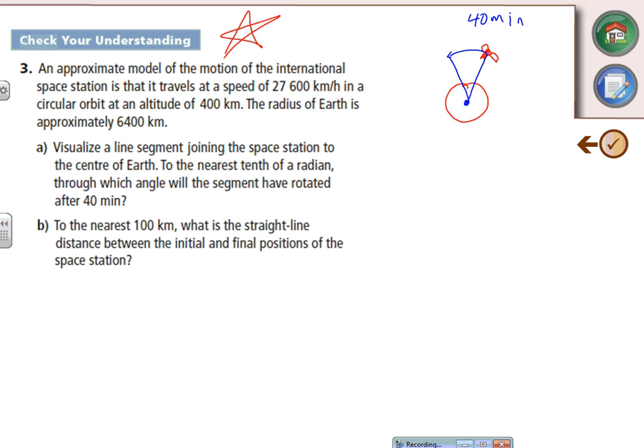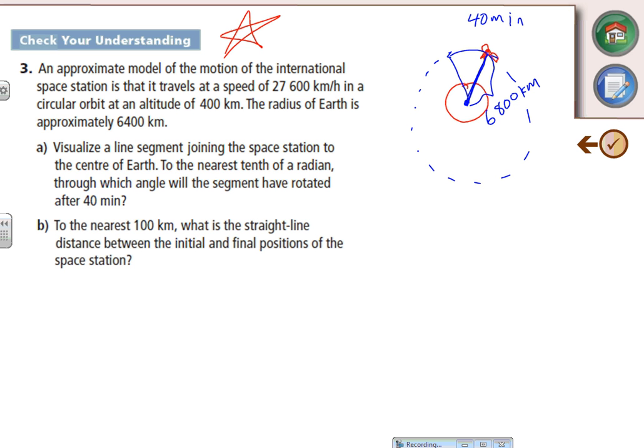Okay, so first thing we've got to do is figure out what the actual radius of this new circle is. We've got radius of 6,400 plus 400, so the actual radius we're talking about is 6,800 kilometers.